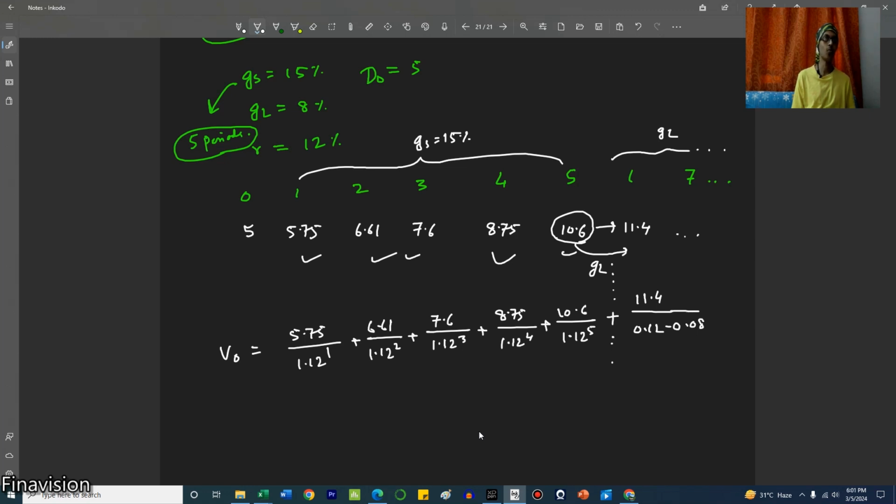We do not need to multiply this by 1 plus GL, because we have already multiplied it and we are going to get the value at t is equal to 5 if we derive this value, right? So this entire value has to be again divided by 1.12 to the power 5 to get the value at t is equal to 0, because if we calculate this we will be getting the t is equal to 5 valuation. If we divide this by 1.12 to the power 5, we get the value at t is equal to 0. The value of this perpetual portion at t is equal to 0, we get it if we do this entire calculation.